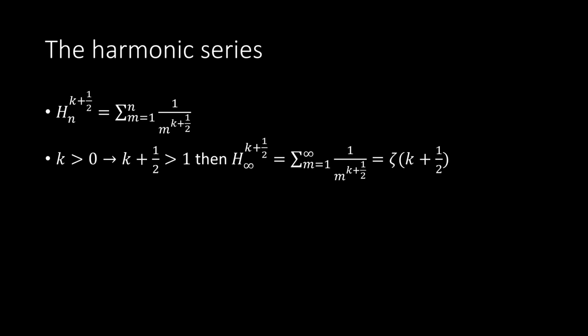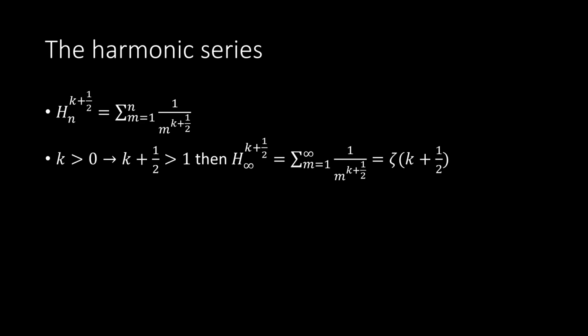So if k is larger than 0, k plus 1/2 is also larger than 1, and then the infinite harmonic number equals, of course, the sum to infinity, and this equals the Riemann zeta function. So here the zeta function comes into play.